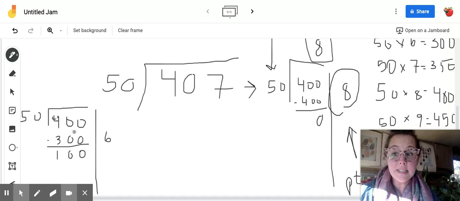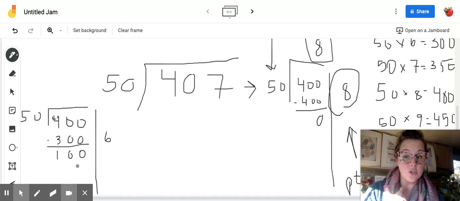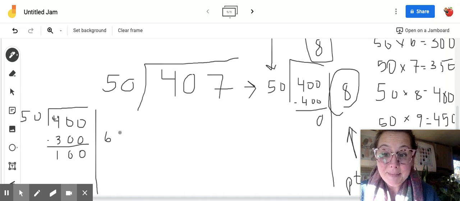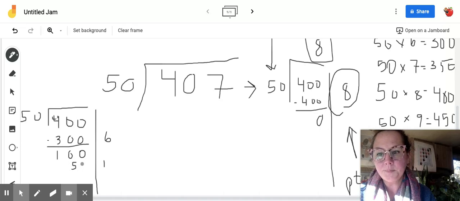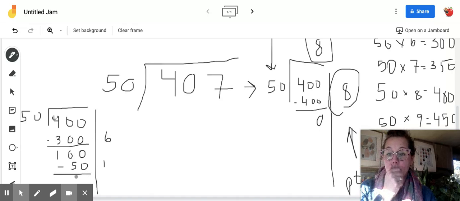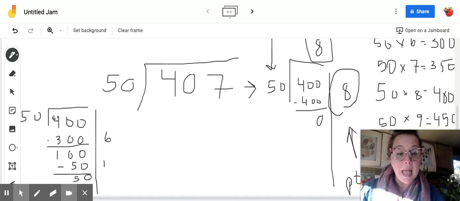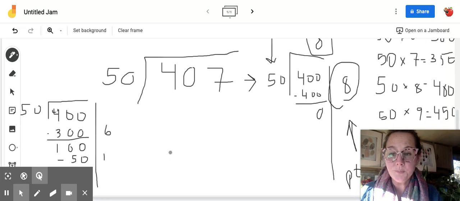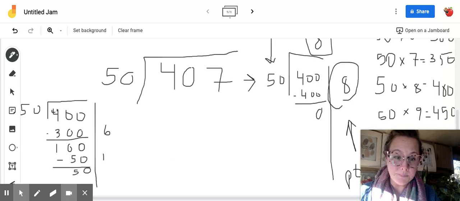Now I have to see how many times does 50 go into 100. I could say one more time. I'm going to put a 1 down here. 50 times 1 is 50. I'm going to subtract. I'm going to be left with 50. How many times does 50 go into 50?